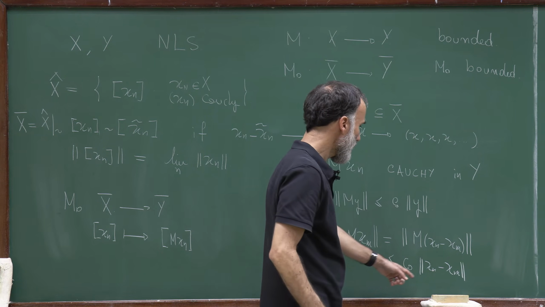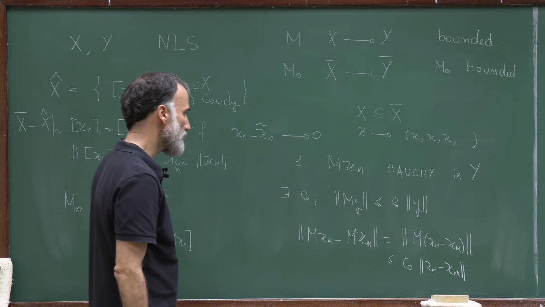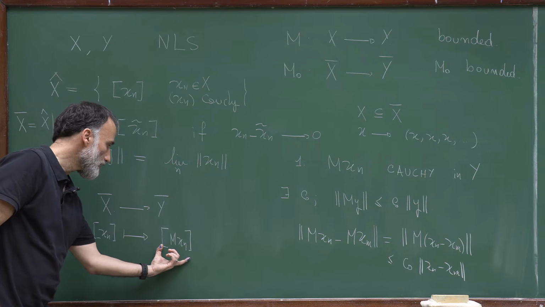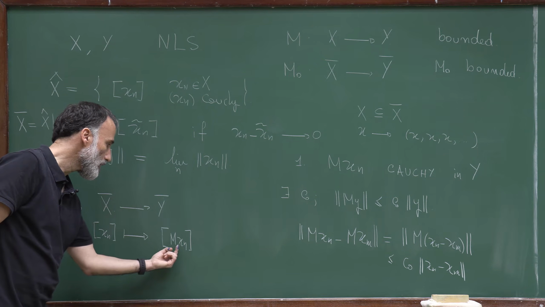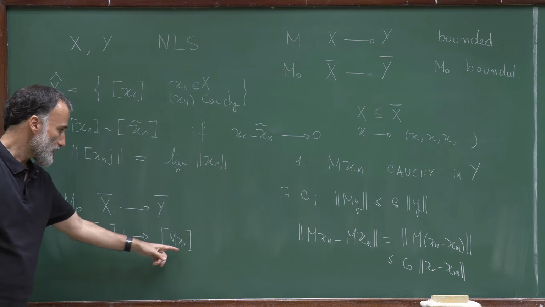And therefore, if x_n is a Cauchy sequence, then M of x_n is a Cauchy sequence. So indeed, this is a Cauchy sequence, and I can consider the equivalence class of this sequence. So this is an element.